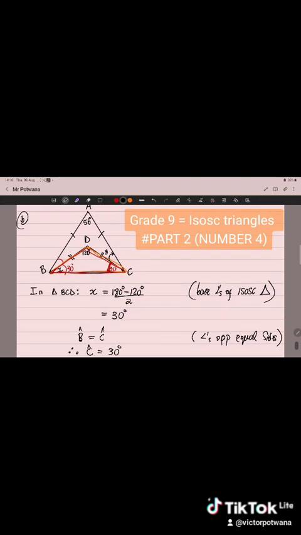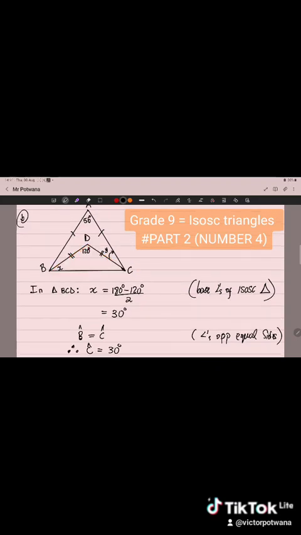Then now let's look at the value of Y. How can you find Y? So guys, to find Y, it's easy because we do have this angle, which is 30 degrees, and then for us to find Y, we need to get the whole angle, this one, so that we can say this angle minus this, and then it's going to give us this one here.